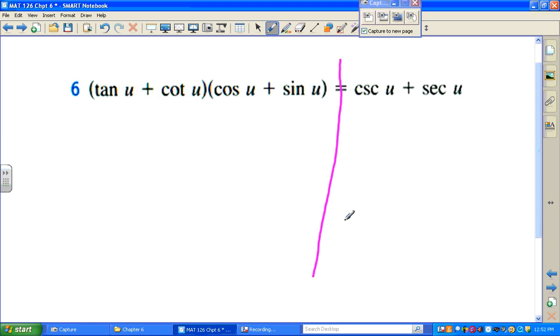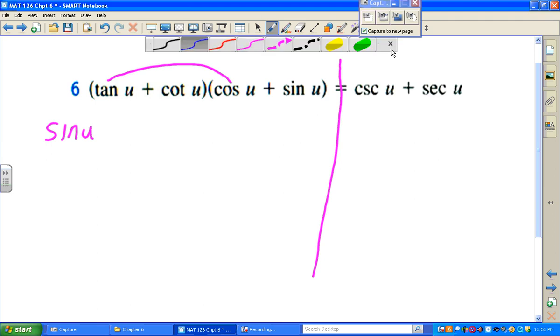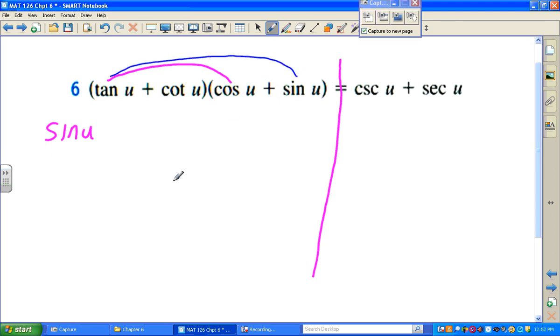Excellent. What's the first thing to do? What is tangent times cosine? Tangent equals sine over cosine. What is tangent times sine? No, close.